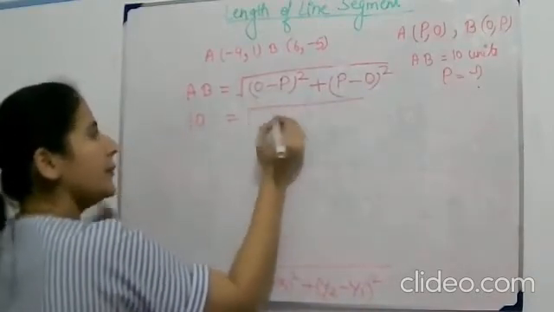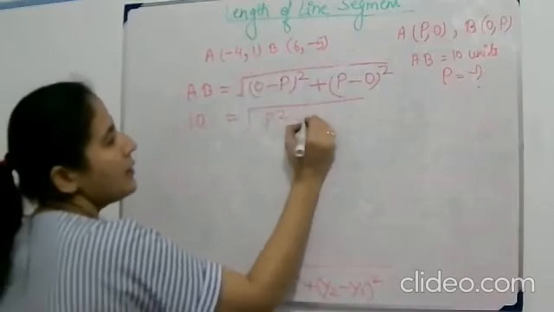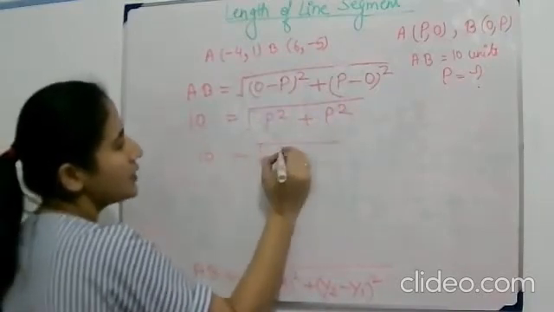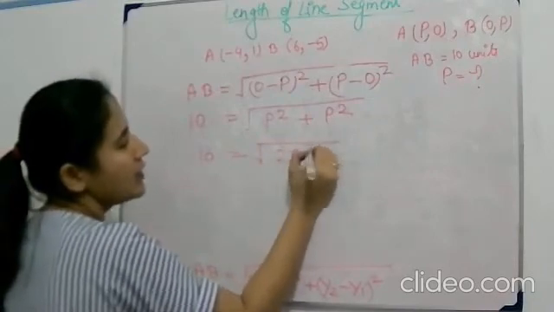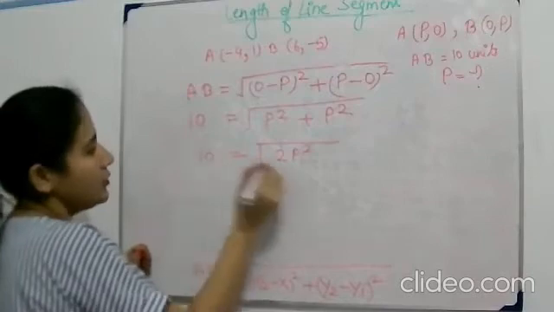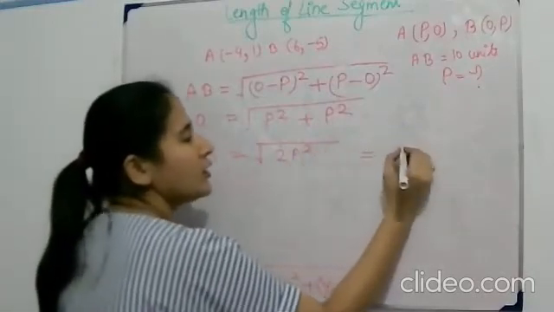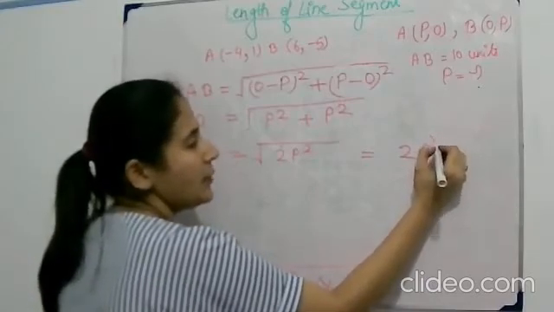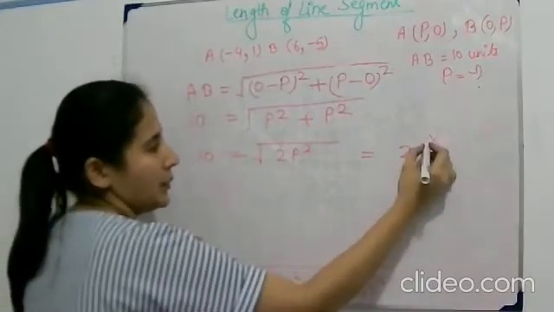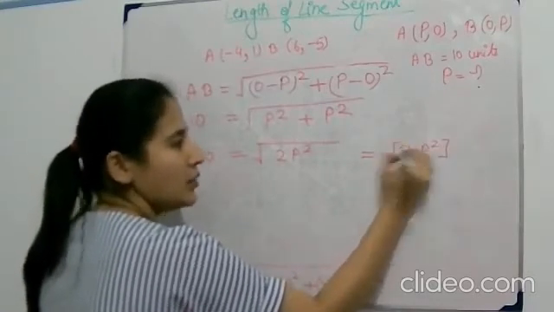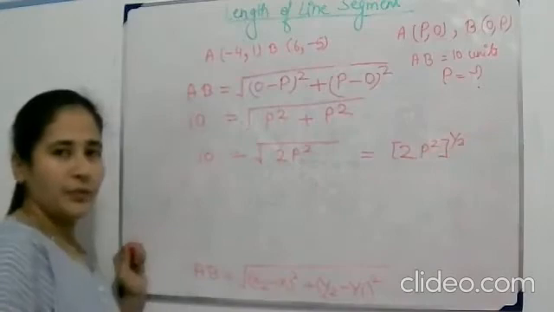So it will be p square plus p square. 10 is equal to the square root of 2p square. Let's see what we can do. The square root we can write like this also, (2p square) to the power 1 by 2. This is p square. Then the square root we can write like 1 by 2.